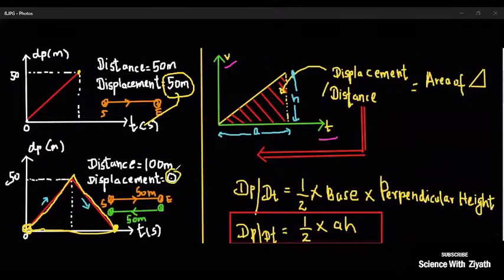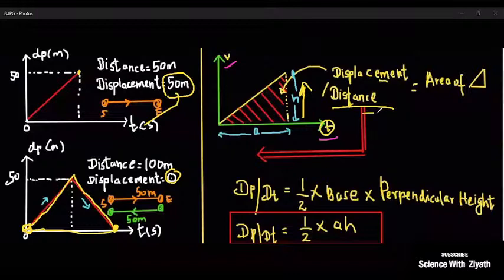But in the velocity time graph, you can't do something like this. In the velocity time graph, to find the distance or displacement, why have I put this distance? Because the graph is above the time axis, so no problem, both are correct. It is drawn above the time axis.